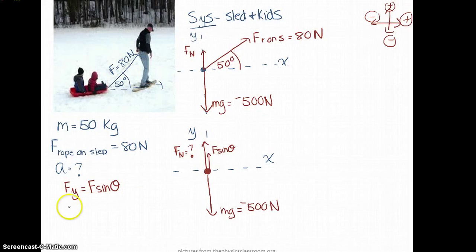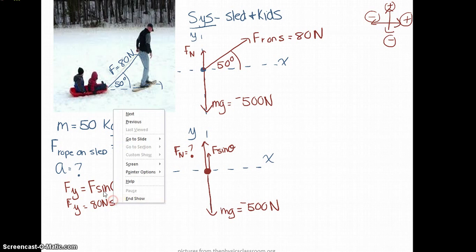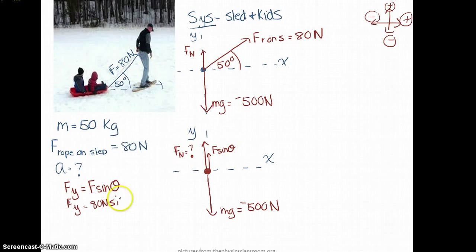So this one becomes the y component equals 80 newtons times the sine of 50 degrees. And that comes out to about 61 newtons. So now I can add that into my force diagram that the y component is 61 newtons.